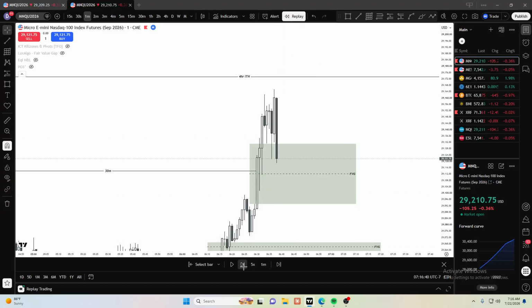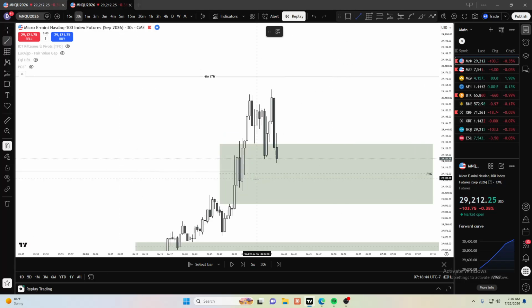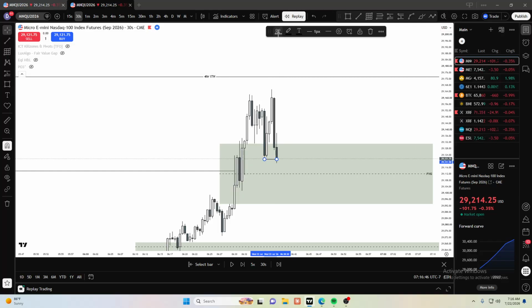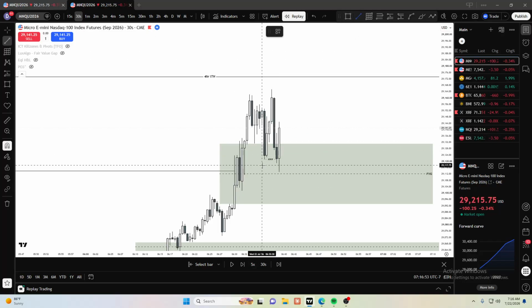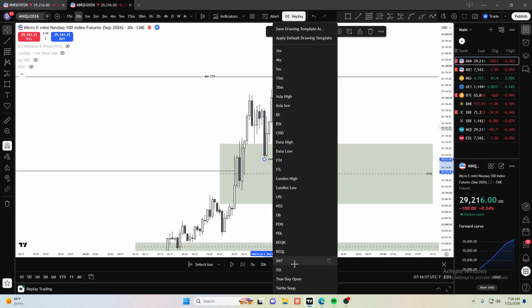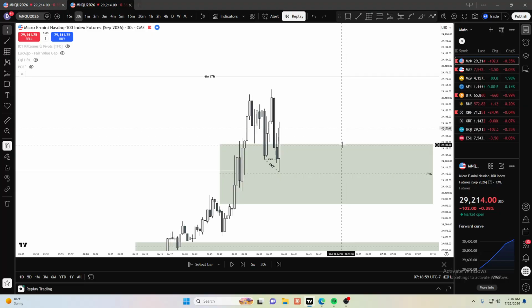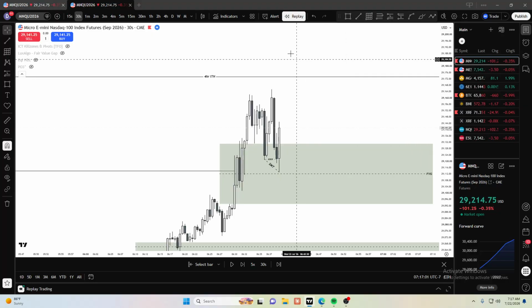What ended up happening was perfectly what I wanted to happen: a stop raid right here, and then a reaction off of it with a nice SMT and a CE tap. So this is a perfect pattern trade.